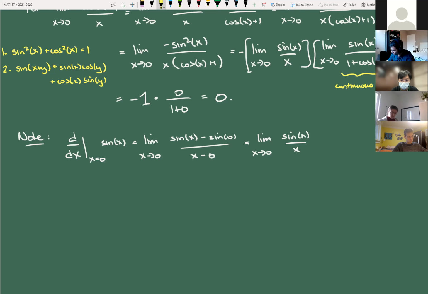So what we actually just proved is that the derivative of sine at 0 is equal to 1, right? Oh, yeah, sorry, it should be 1 plus 1, right. Yeah, you're right, thank you. Okay, and you can imagine the same sort of thing for cosine x.